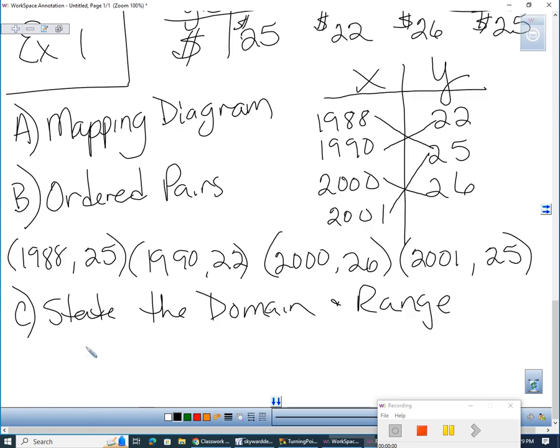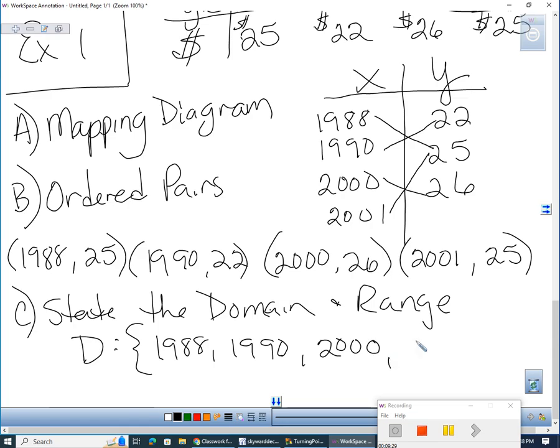Okay, so my domain, I'm going to start with a D and a bracket. My domain is already in my mapping diagram on the left-hand side. So 1988, 1990, 2000, and 2001. Close my bracket.